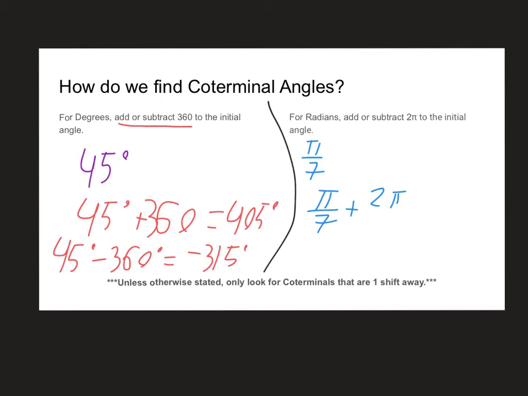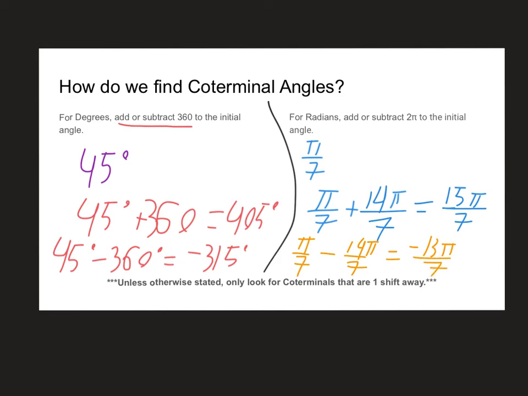Going back to middle school, we can convert that 2 into 14 over 7. So pi over 7 plus 14 pi over 7 gives us 15 pi over 7. That would be one coterminal angle. To find the other, we take pi over 7 and subtract 14 pi over 7, which gives us negative 13 pi over 7.